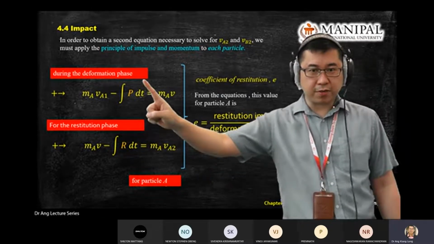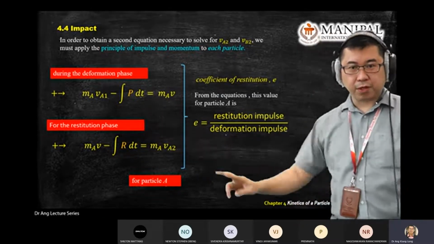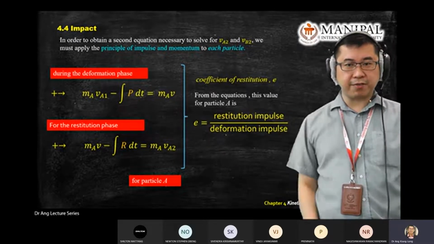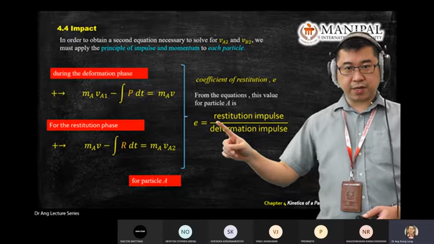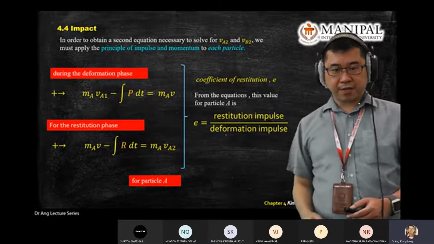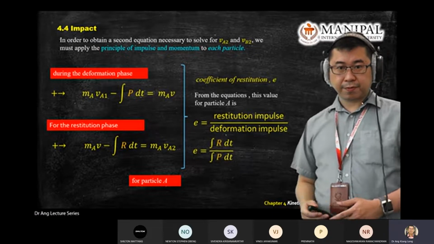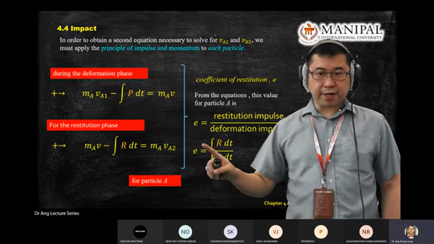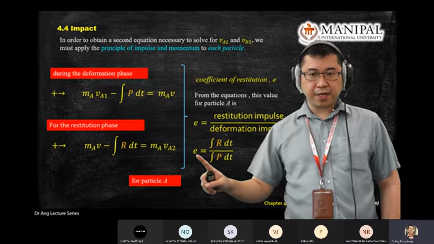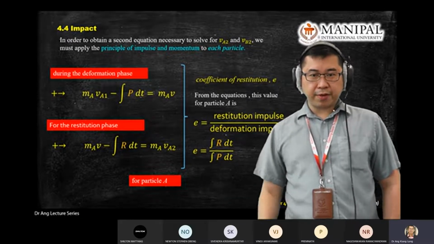Deformation impulse is this one. You put these two together inside here. Normally, this value will be given, so you can find the ratio between P and R, or R over P.